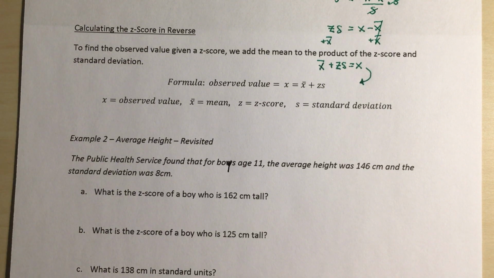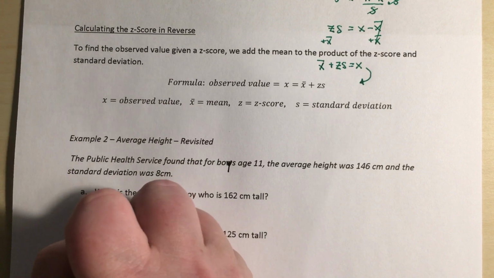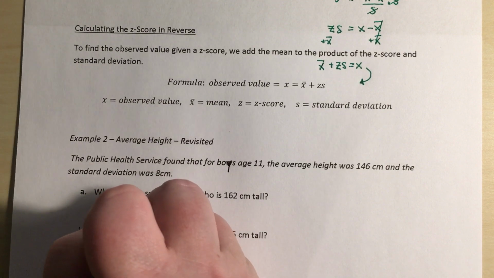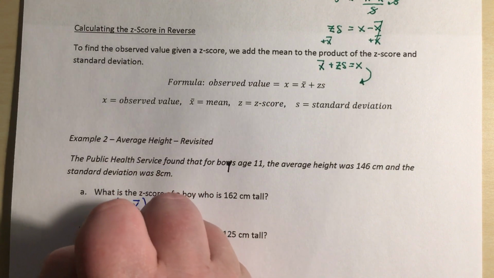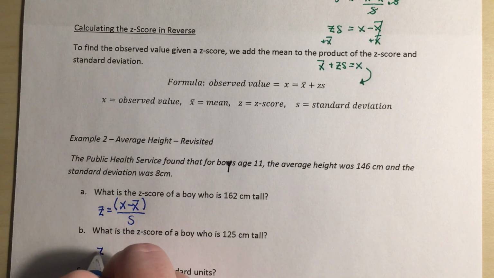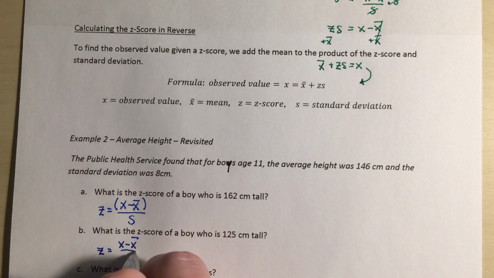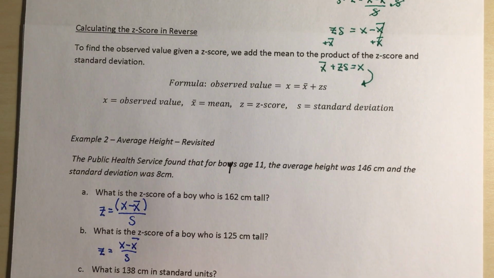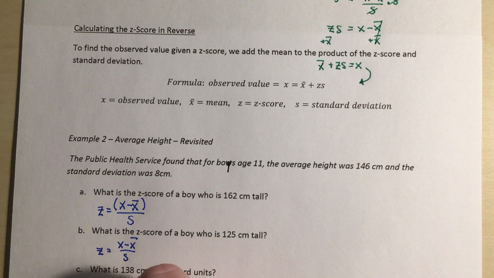All right, so our formula for z-score, remember, is (x - x bar) / s. We can put this in parentheses if we want to, as we're putting it into our calculator. And that's actually going to be the same formula that we're going to use for A through D. So all of these are asking for either a z-score or a measurement in standard units.